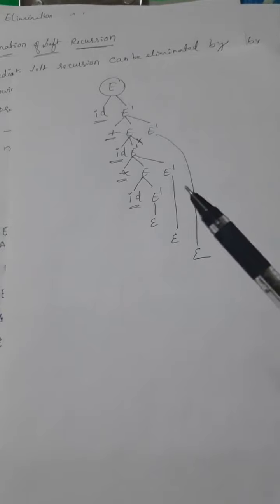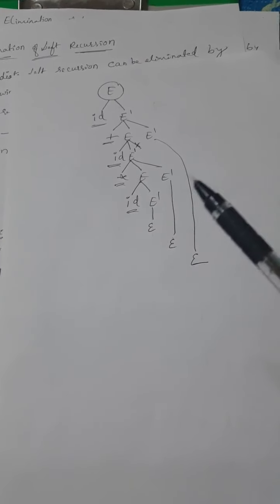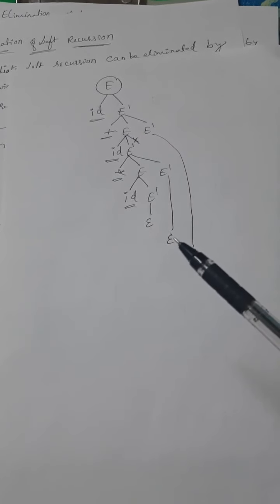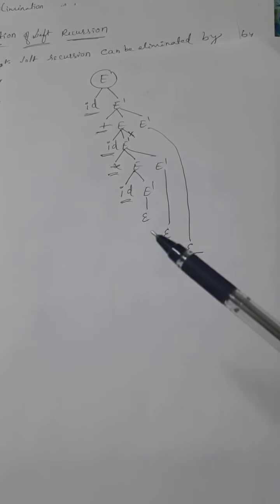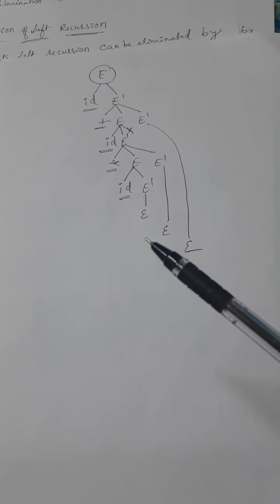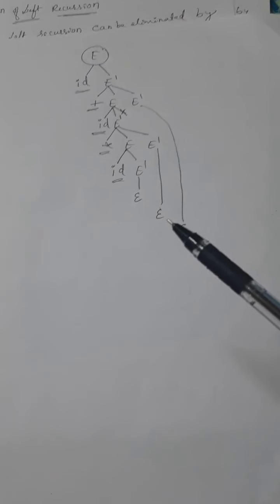With the RMD you construct the parse tree and you will get the same parse tree. So if you use LMD or RMD, you will get the same parse tree. This proves that the grammar produces a single parse tree for a given input string.